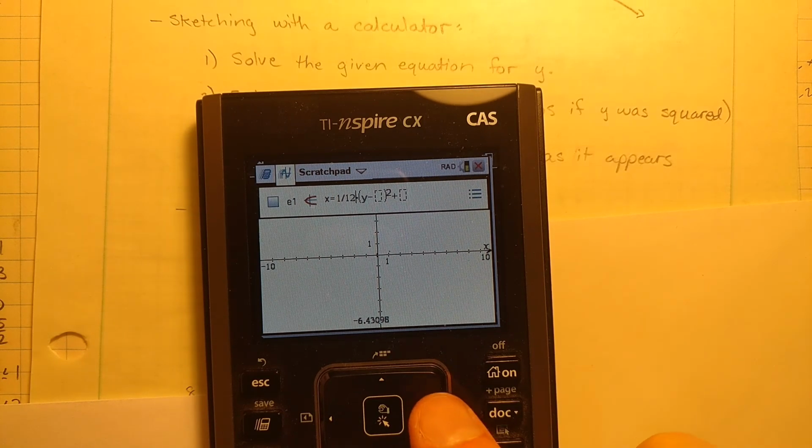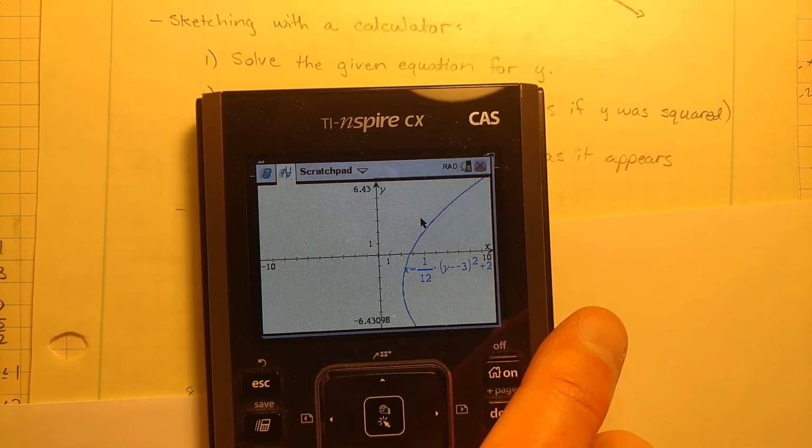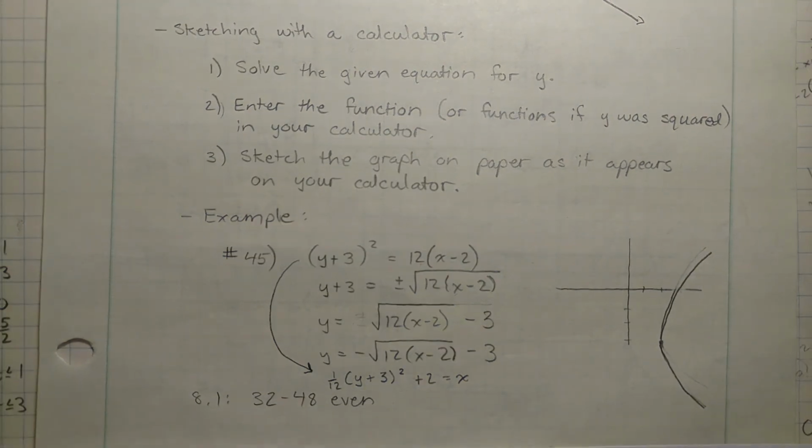So I have to put in that 1/12. For y, it's y subtract, but since it's added to 3, I have to put in negative 3. It's y minus negative 3. And then for the x value there, it's going to be plus 2. I put in the 2 right there. And notice there is the parabola. So you can do it either way. That's the way you do it with your calculator. You get a sketch of this no matter what.